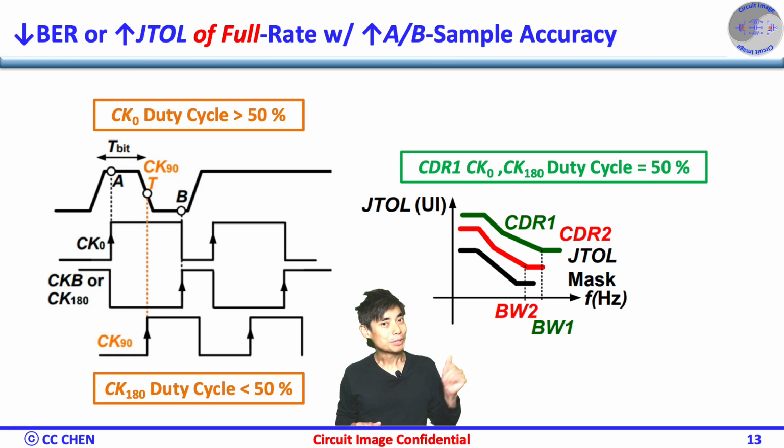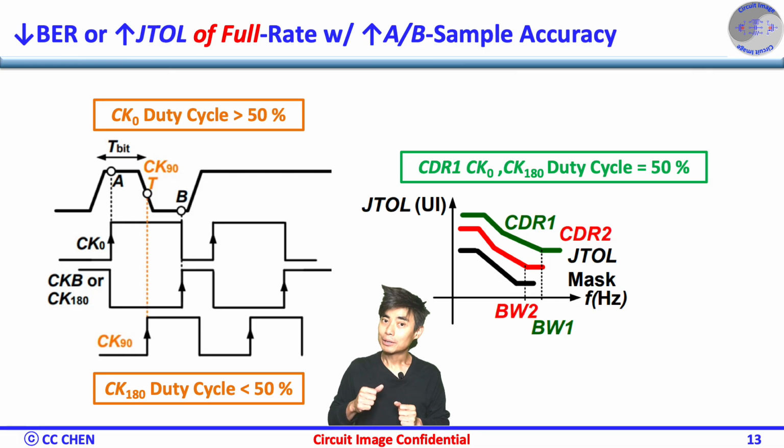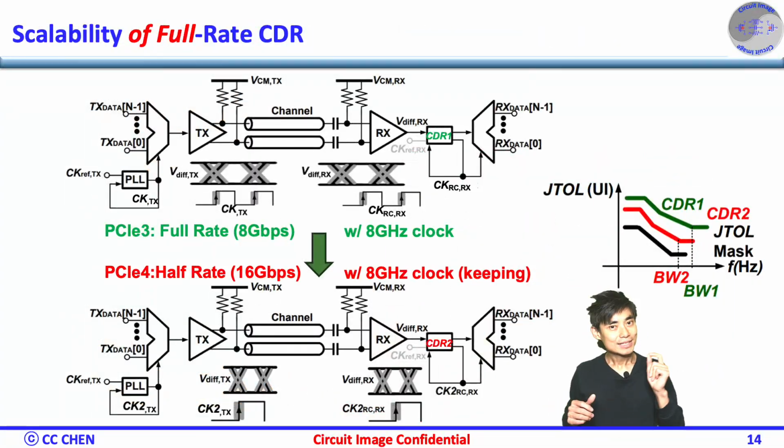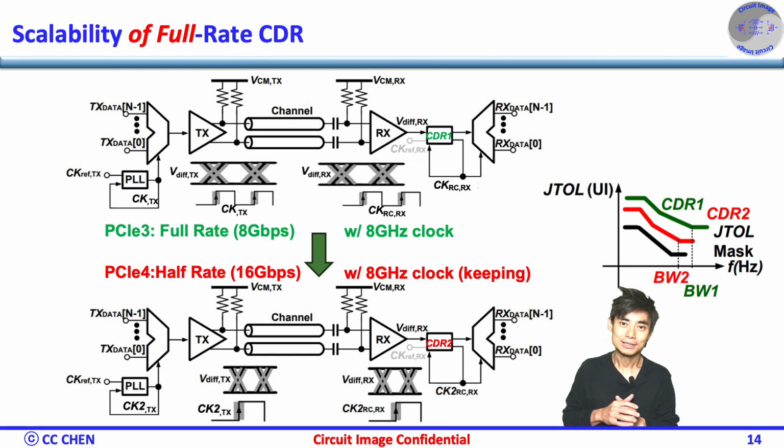In addition to the PPA consideration, what else could be the benefit of the full-rate compared to the half-rate? Yes, scalability. As we discussed before, the full-rate series can be upgraded to a double data rate in a half-rate series topology.